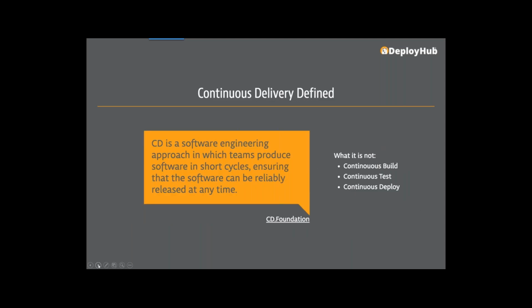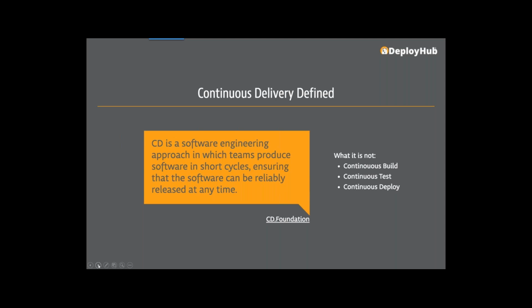So just to get started, I want to define what continuous delivery is, because I still have conversations where this term is confused with continuous deploy. There is a new CD Foundation that is under the umbrella of the Linux Foundation. DeployHub was a founding member, and I thought that their definition of continuous delivery was worth going over.